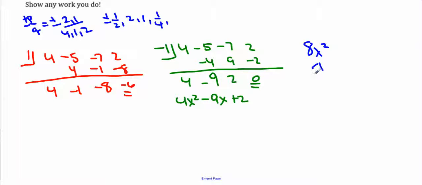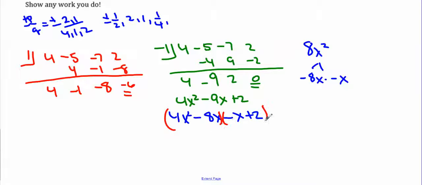Are there factors of 8x squared that I can add to give me negative 9x? Well, we have negative 8x times negative x. That adds to give me negative 9x. So I'm going to split that middle term. You could also use the quadratic formula. If you don't look at this and tell that it can factor, you'll still get the same solution. So that works as well, up to preference.